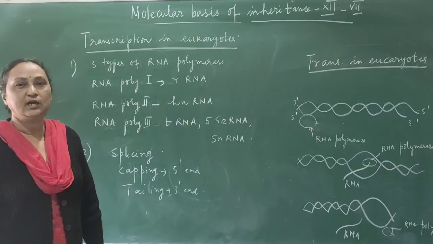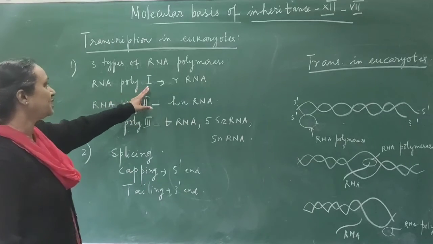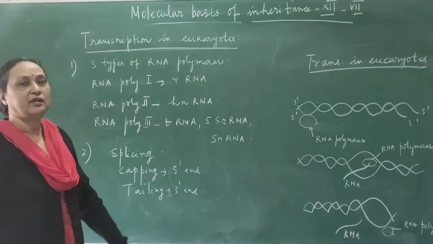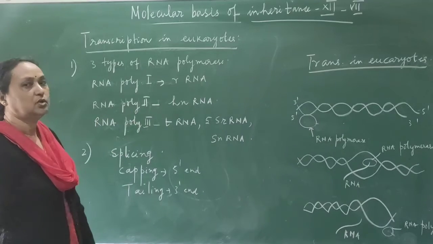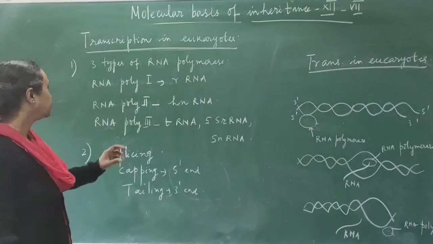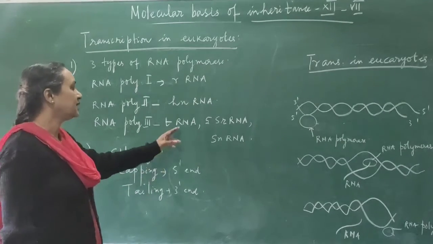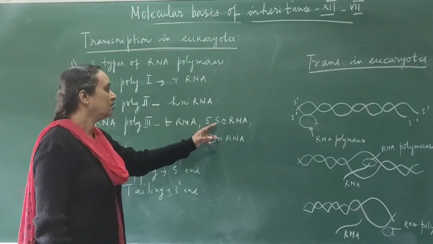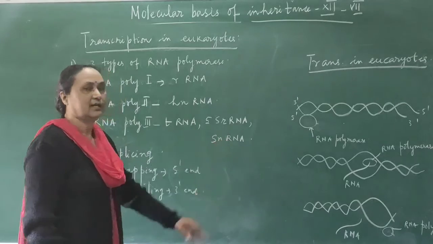There are 3 RNA polymerase enzymes. What is the role of RNA polymerase 1? To make ribosomal RNA. What is the function of RNA polymerase 2? To make heterogeneous nuclear RNA. What is the role of RNA polymerase 3? To produce transfer RNA, 5S ribosomal RNA, and small nuclear RNA.